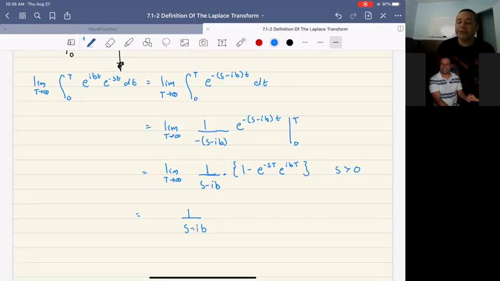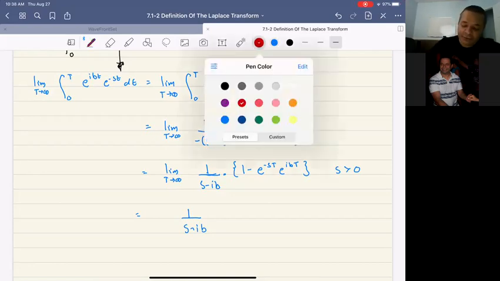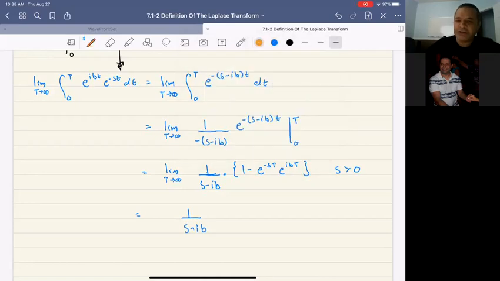Now we still have to rationalize this. To rationalize means we have to get rid of the i in the denominator. So we're going to multiply by s plus ib over s plus ib.